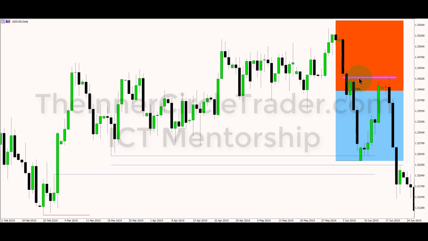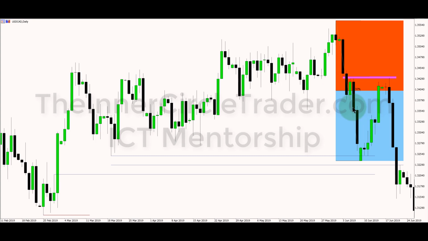This candle's low, and this candle's high. Originally, it would have been this candle's high, but this candle went slightly higher. So it left this little bit of a fair value gap in between. Simply one candle passing through the range defined by this candle's low, and again, this candle's high.